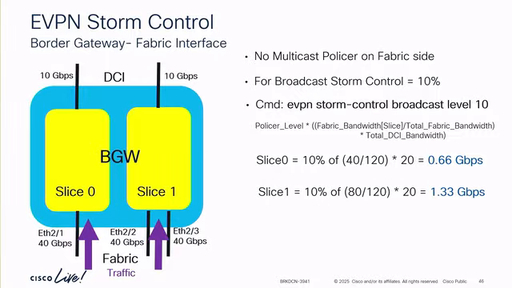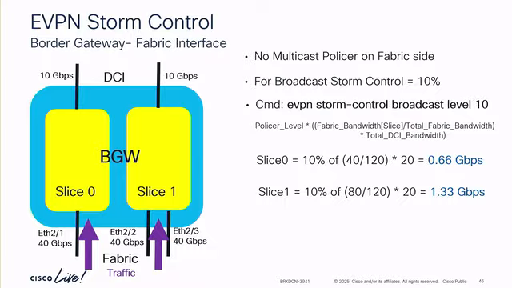Now, what happens in slice 1? Notice the difference between slice 0 and slice 1. Slice 1 has double the fabric interface. So what would you expect? The policer rate will increase proportionally for that slice, and that's exactly what you see here. The only difference you see is what? Slice 0 only has one 40 gig interface.